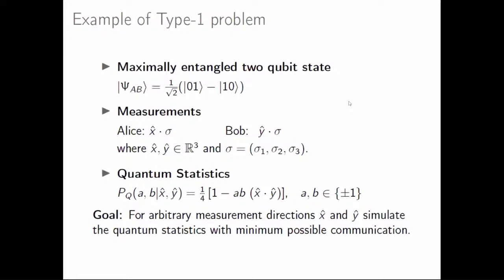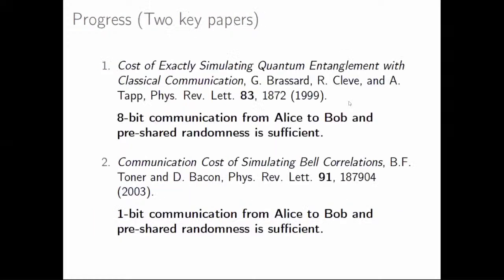This problem has an interesting history, and there were many series of attempts, but I would here mention just two key papers. One paper was initially in 1999 by Brassard, Cleve, and Tapp, "Cost of exactly simulating quantum entanglement with classical communication."